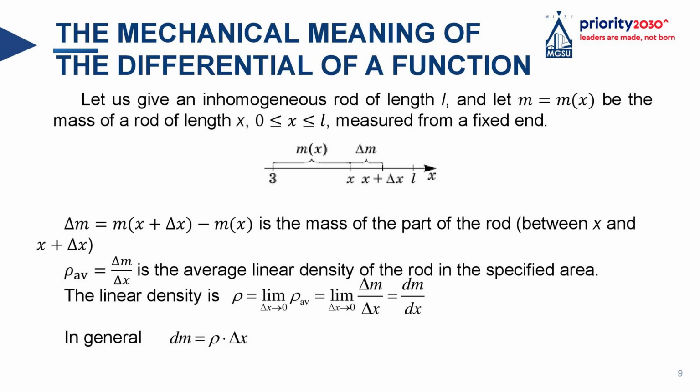You can find a picture on the slide. Then delta m equals m of x plus delta x minus m of x is the mass of the part of the rod bounded by the points located at a distance x and x plus delta x from the specified end respectively.